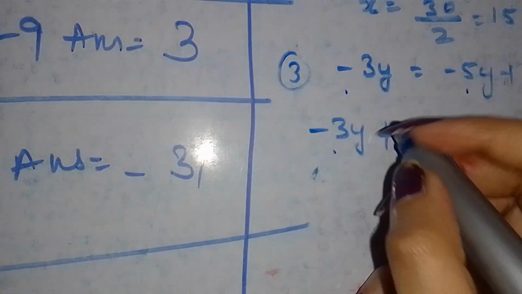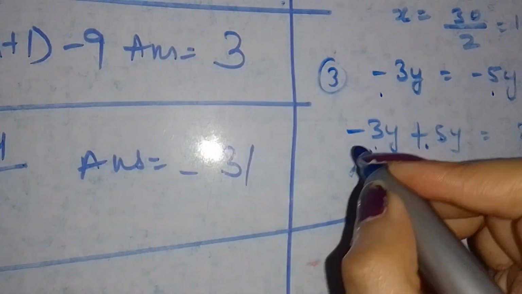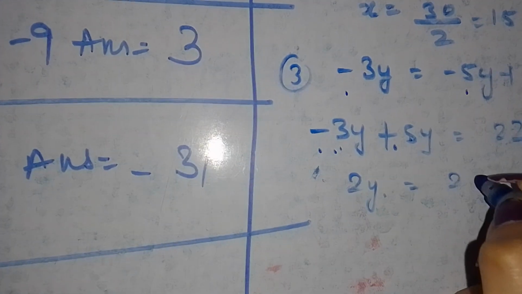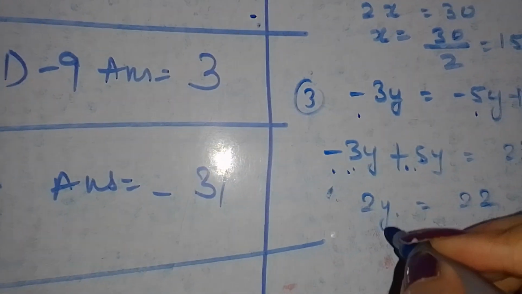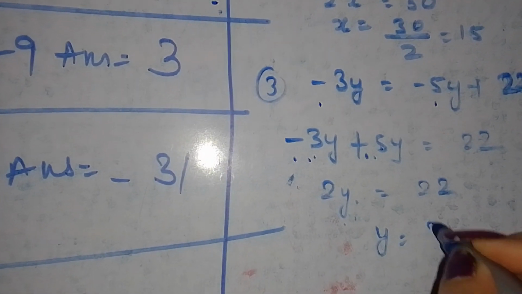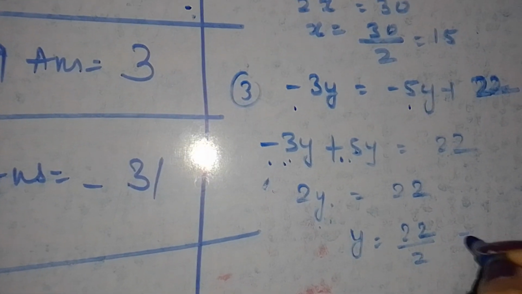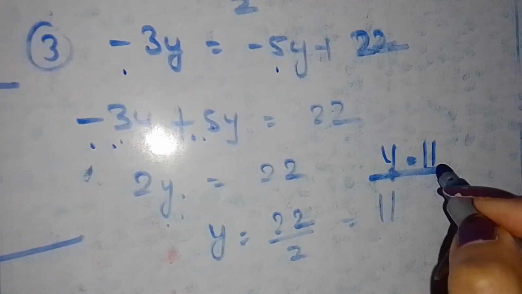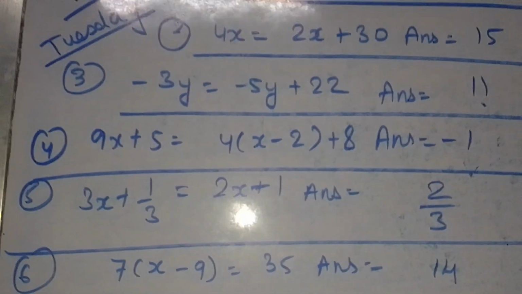If we deduct 3y from 5y, then we will be left with 2y. 2y is equal to 22. And the sign will be plus only because 5 is positive. When we write y is equal to 22 divided by 2, then our answer will be 11. y is equal to 11, right? And this is the same answer. Answers are written here. Let's see our fourth one.